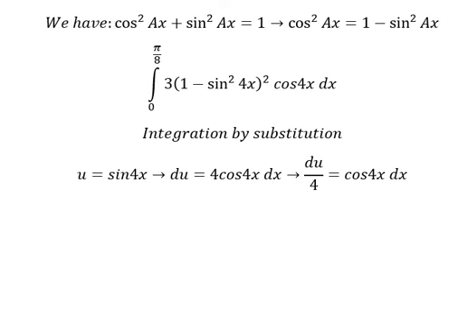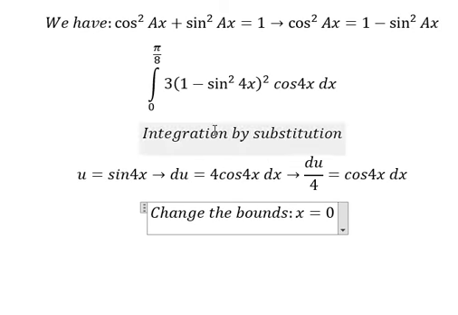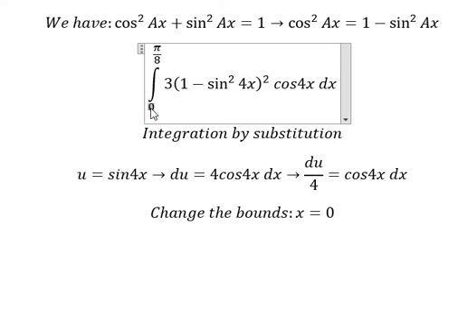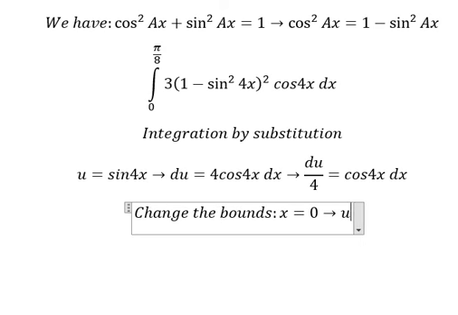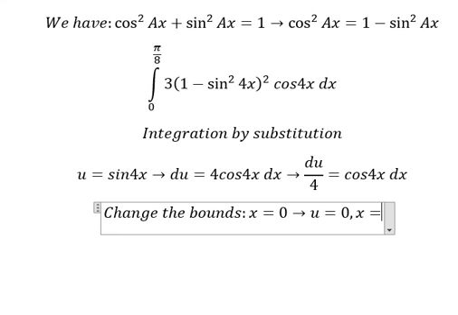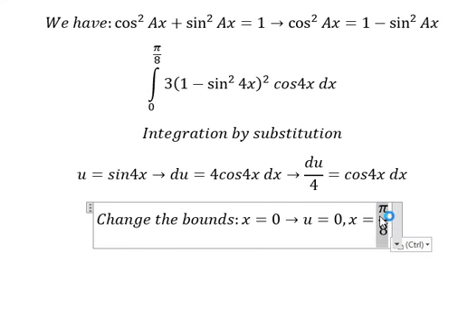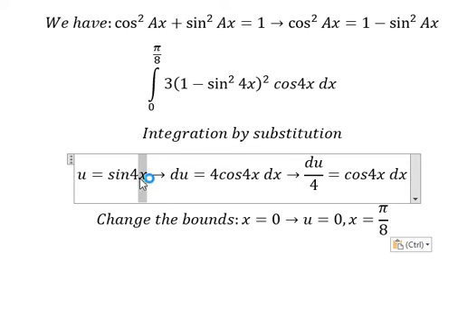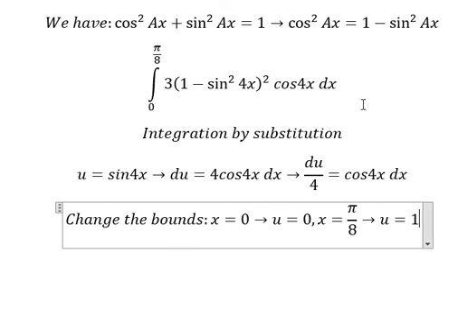Next, we need to change the bounds. So when x equals 0 from here, I will put 0 in here to find the value of u. So u equals 0 when x equals 0. When x equals pi over 8, I will put pi over 8 in here, and you get u equals 1.